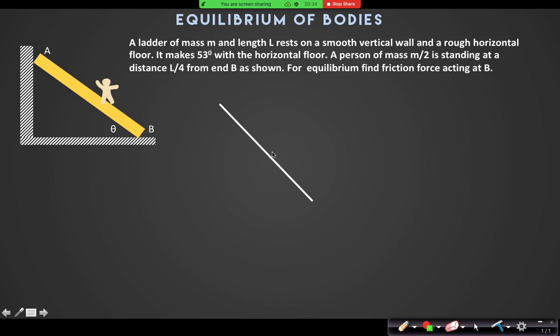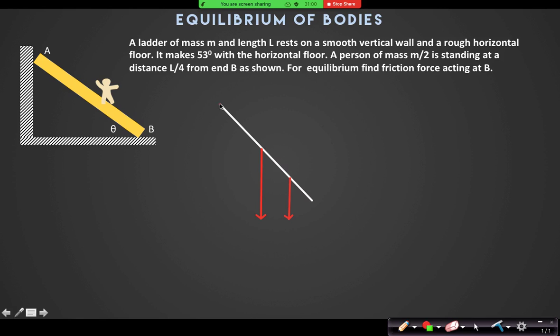Let us check the forces acting on the rod at different points. Can you see one force, weight mg of the rod, directly comes downward. Another force of mg by 2 of the person comes here.